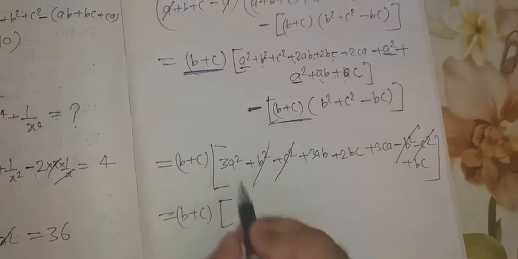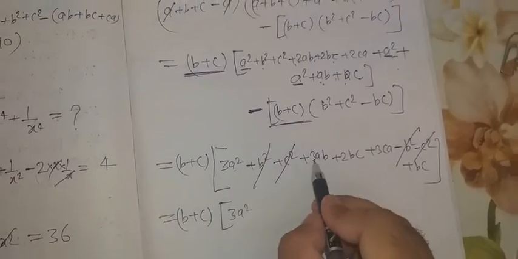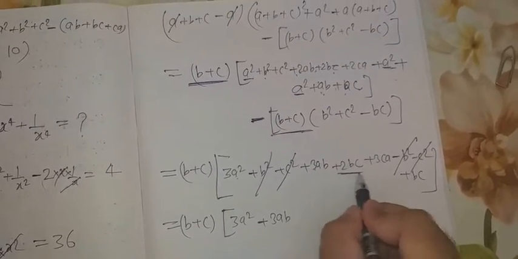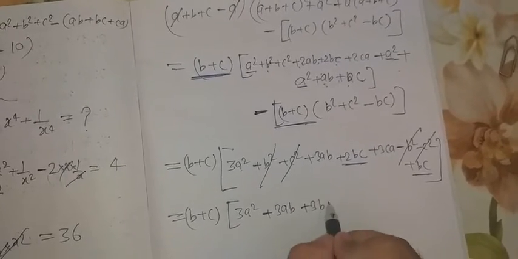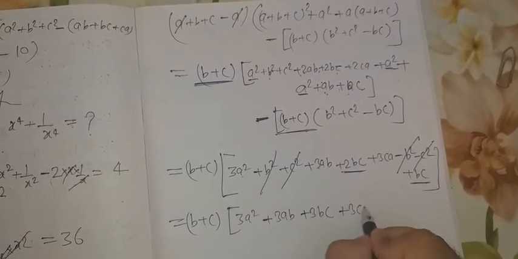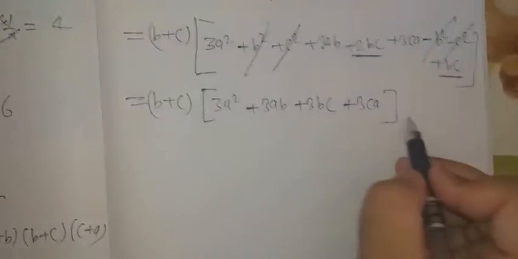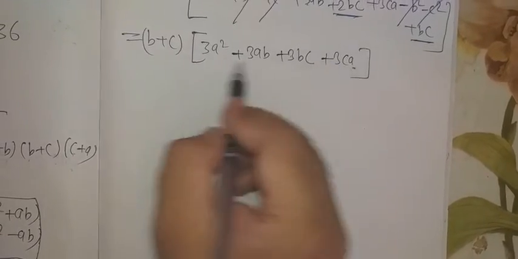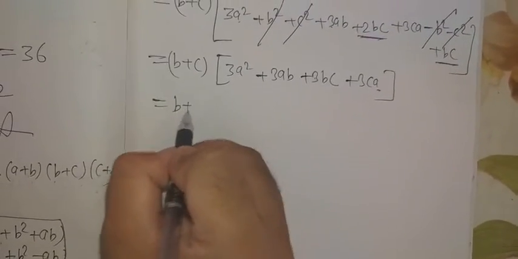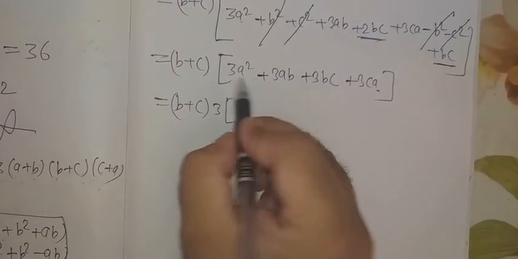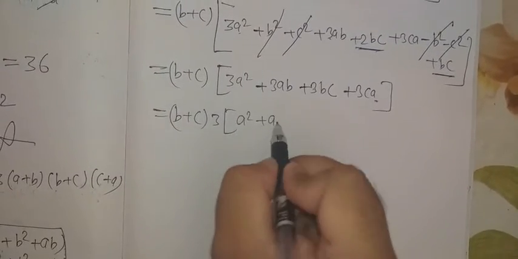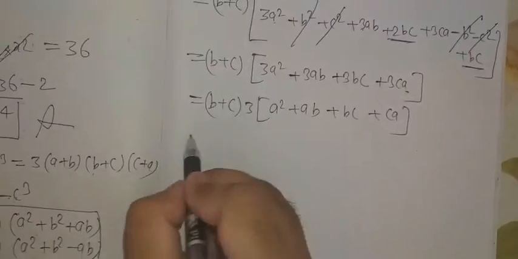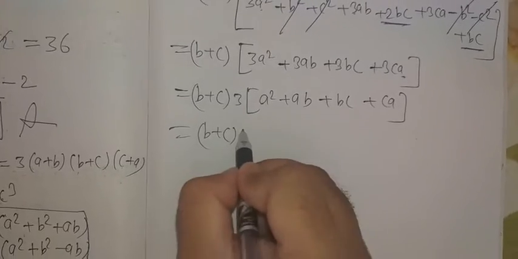3a square, 3ab as usual, 2bc plus bc is 3bc, plus 3ca. So what is the common here? Common is 3. Just take 3 common, so here a square plus ab plus bc plus ca. Now whatever is common, you can take common.